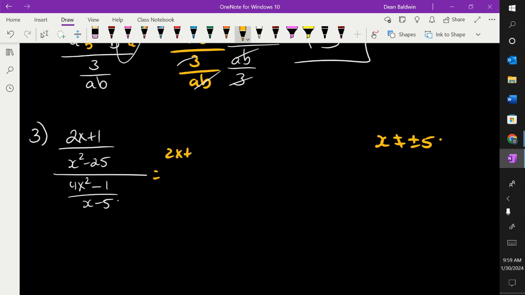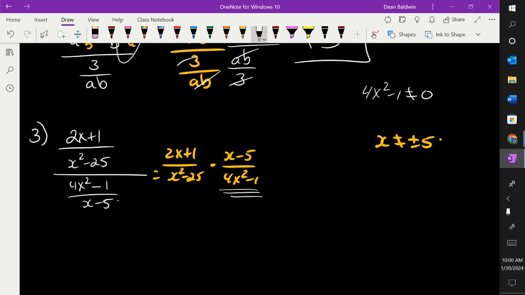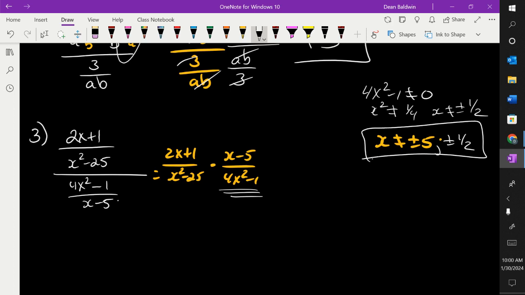So we go 2x plus 1 over x squared minus 25, times x minus 5 over 4x squared minus 1. Now that's in the denominator, so that can't be 0 either, right? So you could just go 4x squared minus 1 is not allowed to equal 0. x squared is not allowed to equal 1/4. That means x is not allowed to equal plus or minus 1/2. So there's your restrictions. Boom.